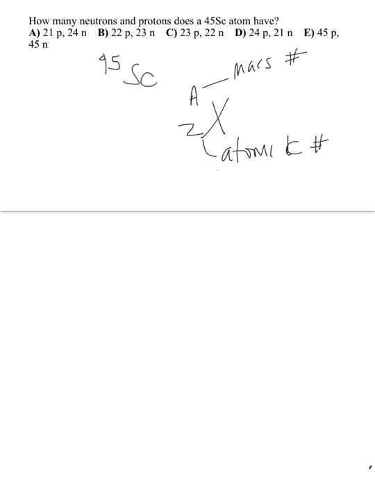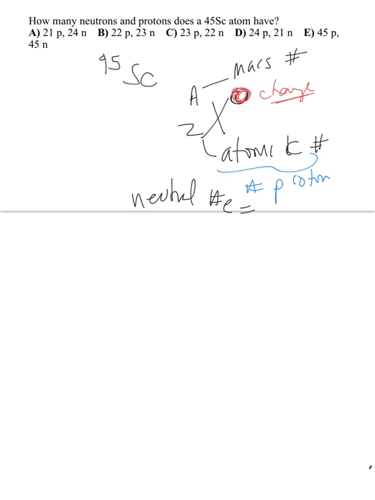And your atomic number is also the number of protons. Usually here you have your charge. If there's no charge there, then it's neutral, and if it's neutral, then the number of electrons equals the number of protons. You can find your atomic number by looking at where it falls in the periodic table.